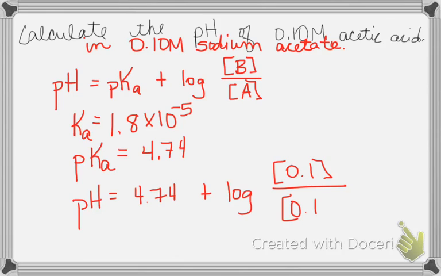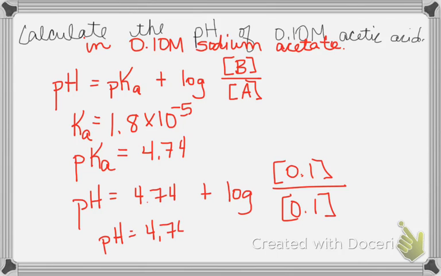B is for base, A is for acid. Yeah, that's important. On this one it didn't matter because they were both the same. But 0.1 divided by 0.1 is 1. The log of 1 is 0, and so the pH is equal to 4.74.